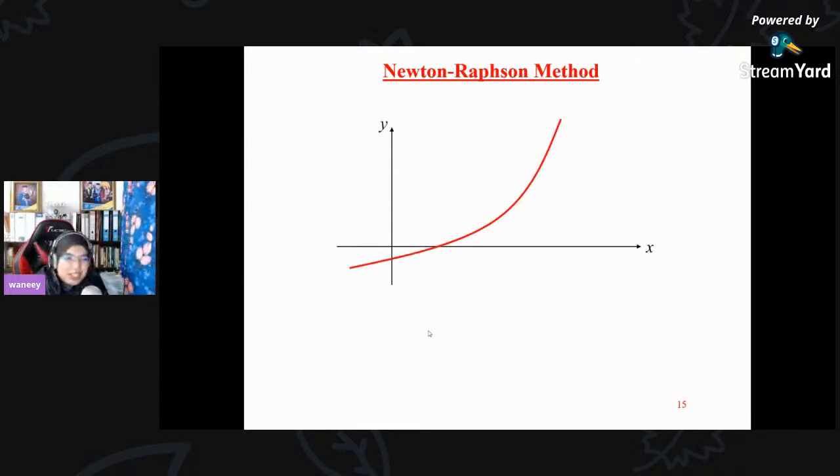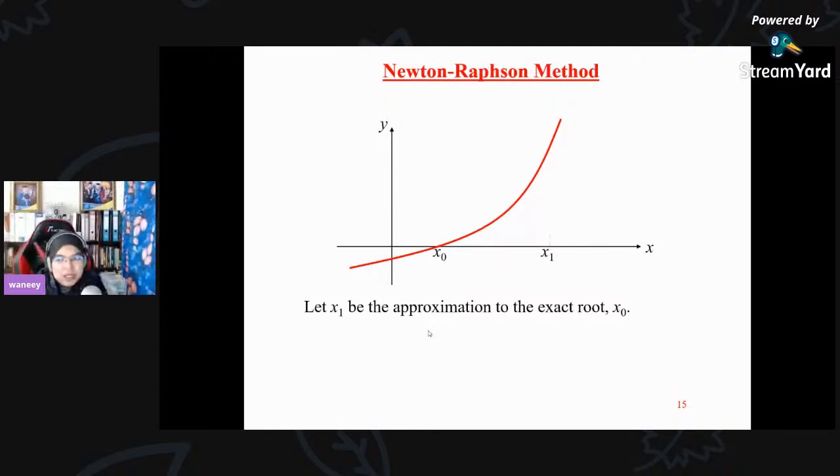Imagine that is your curve, and we start with the initial value x1, which is the approximation to the exact root x naught. So that is our x1. Of course, the value of y is f(x1). You can draw a tangent to the curve at x1, and it will meet the axis at x2.